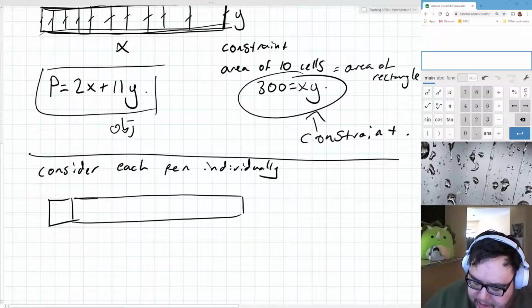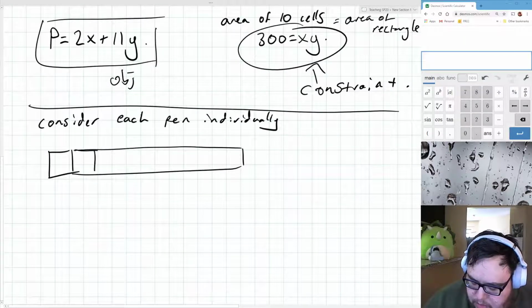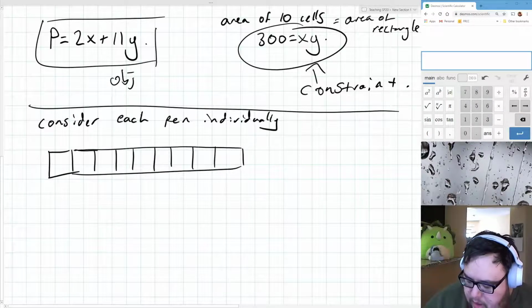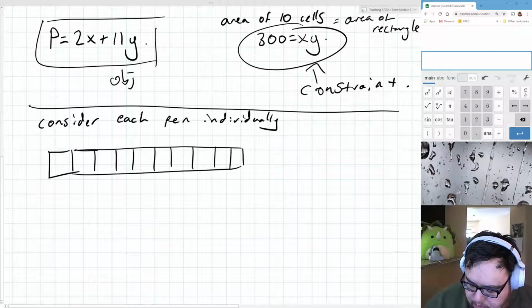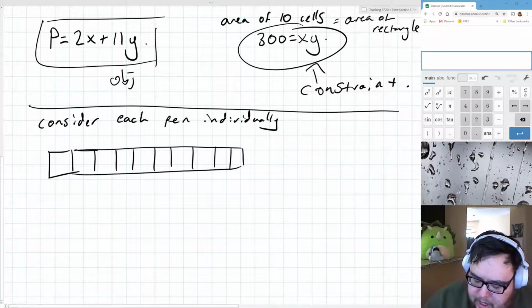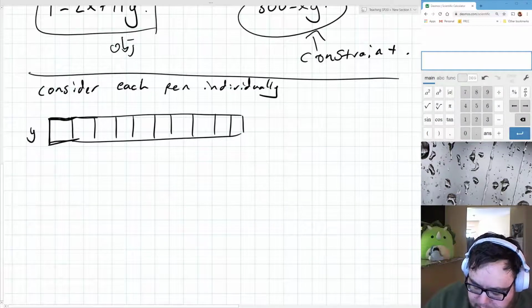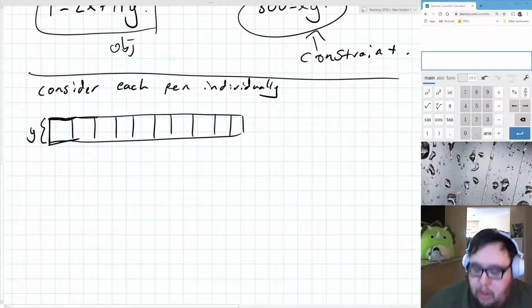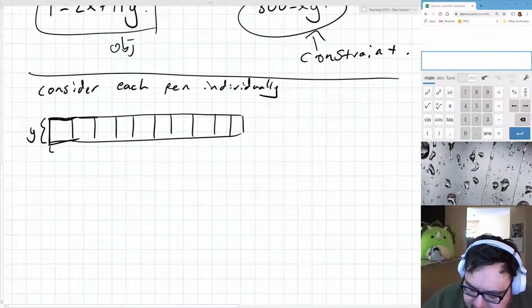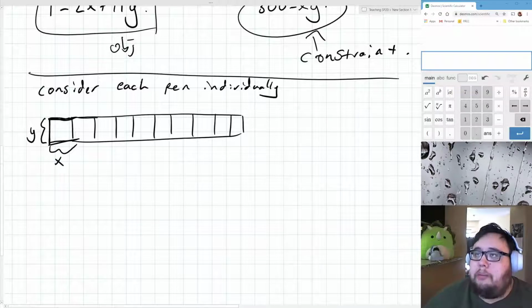We still have the same picture, with 10 boxes. But then instead, our Y length will be the same. It'll still be the vertical length here. But the X length will be the width of one pen.